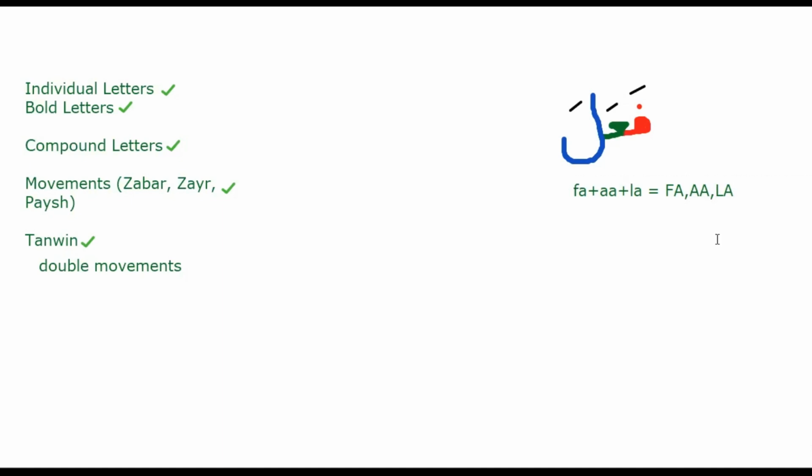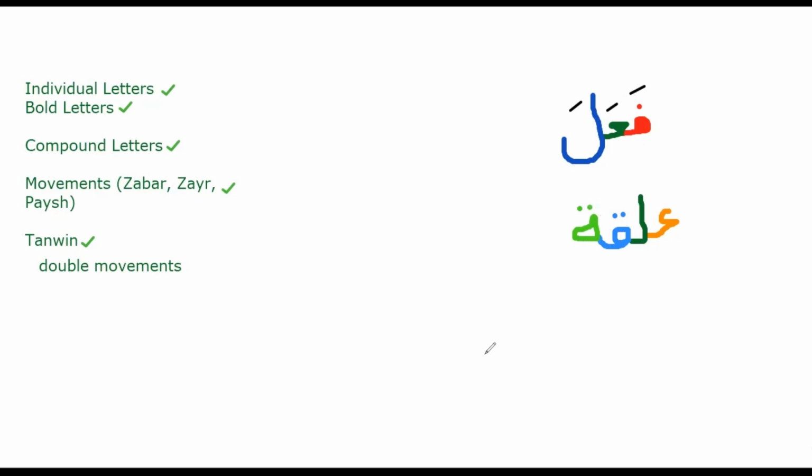We can also spell it again: fa zabar fa, ain zabar a, fa a, lam zabar la, fa a la, fa'ala. So the first example is done. Let's see the second example.